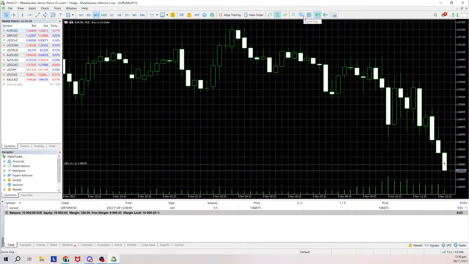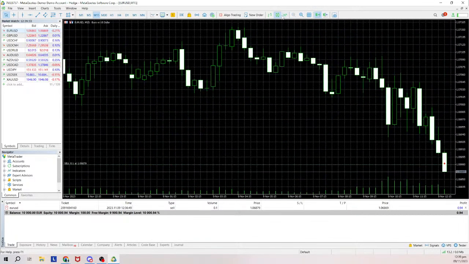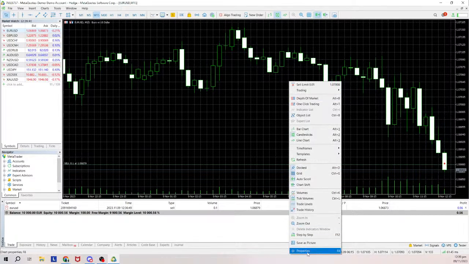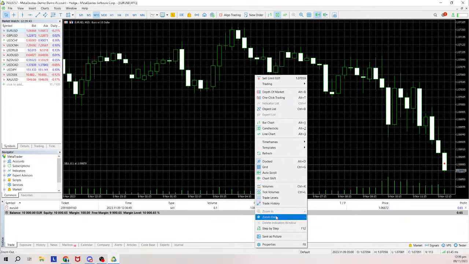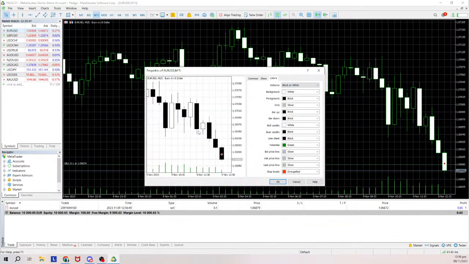Okay, this is the zoom out. As you can see, zoom in. The charts that we're using are candlestick charts. Okay, and let's say we don't like the way it looks, we can again left click on the chart itself, come to properties, you can change the colors.